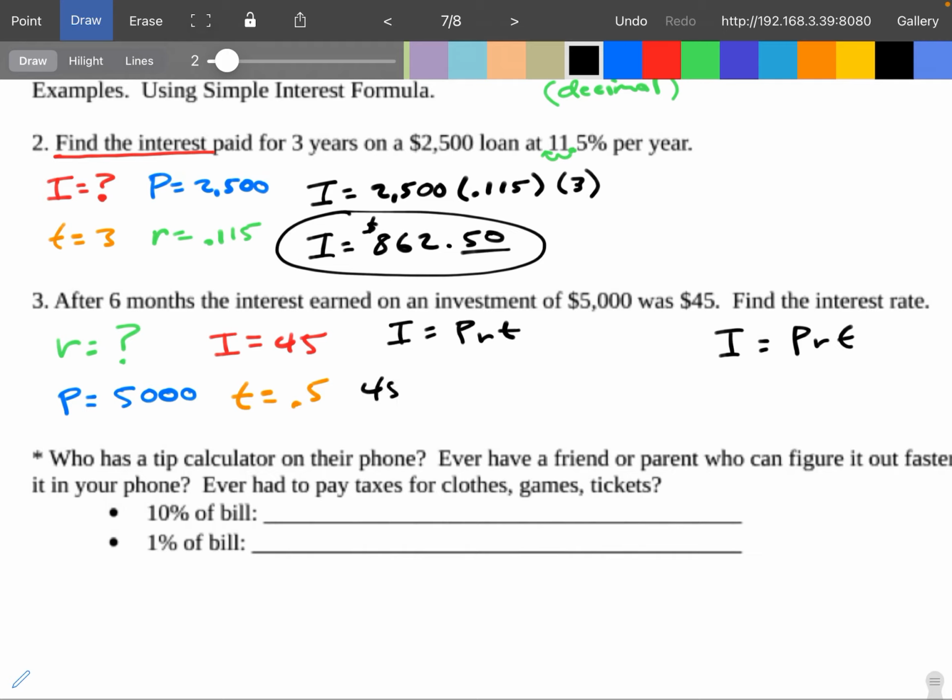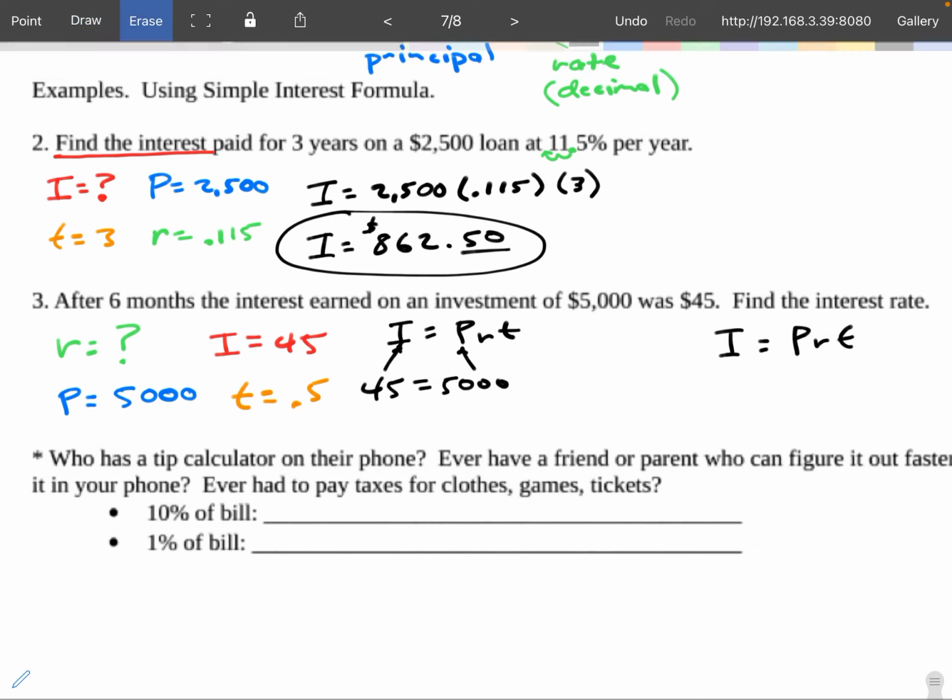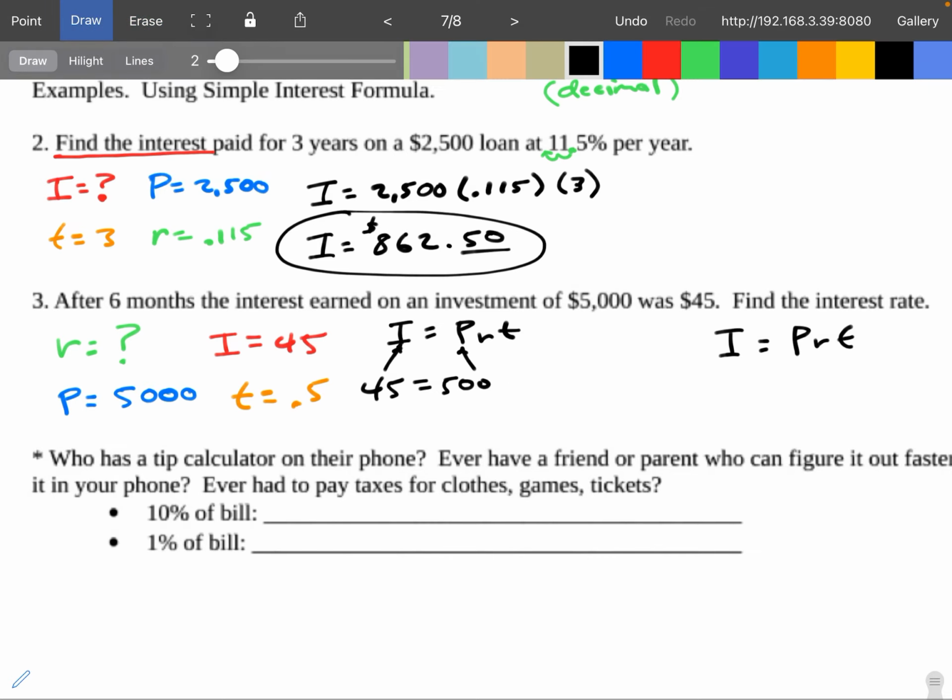So maybe I'll put it below it. Like that. Okay, so the interest, that was the 45, right? So you're plugging that in right there. And then the principal, that's the 5,000. So you're plugging that in right there. The rate is that's what you're trying to find, right?